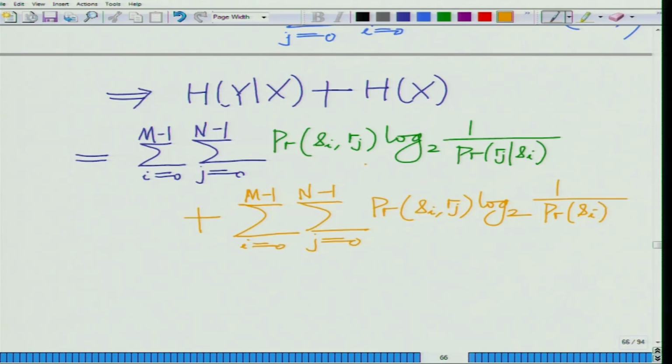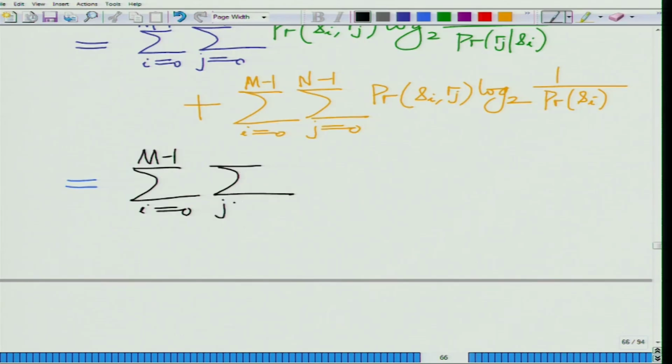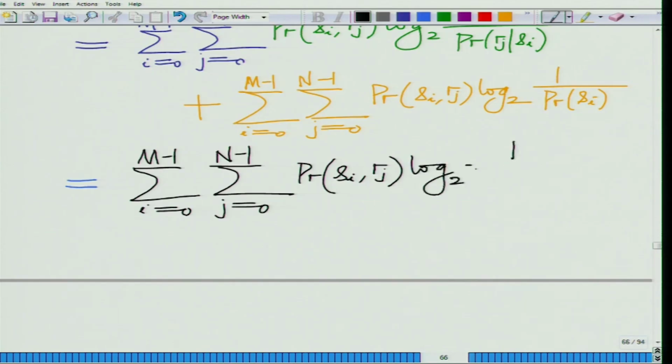probability of Si. And now if you add these two, you can see I can take probability of Si, Rj common. So, that will be summation i equal to 0 to m minus 1, summation j equal to 0 to n minus 1, probability Si comma Rj, and when you add the two logarithms the arguments multiply.